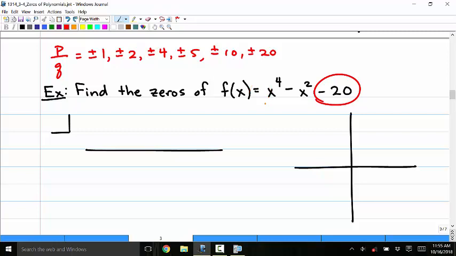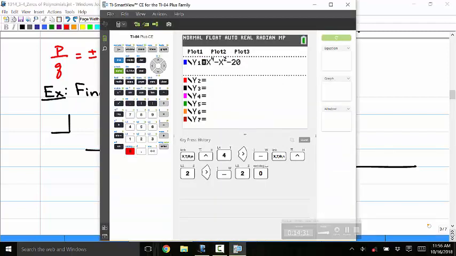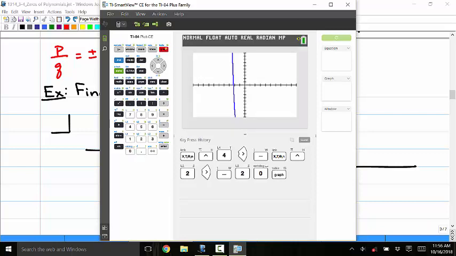Go look at the graph. Okay, I entered the polynomial into my y equals. I hit graph. What happens? There's 2 x-intercepts. Are they, quote, nice numbers? No, they're 2 and some change, right?